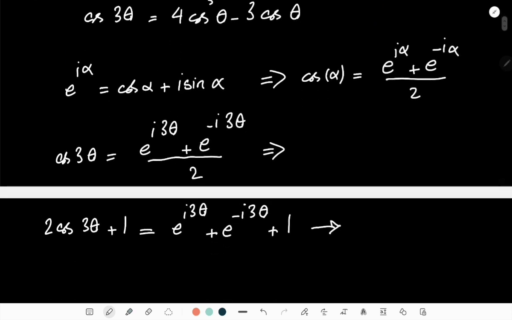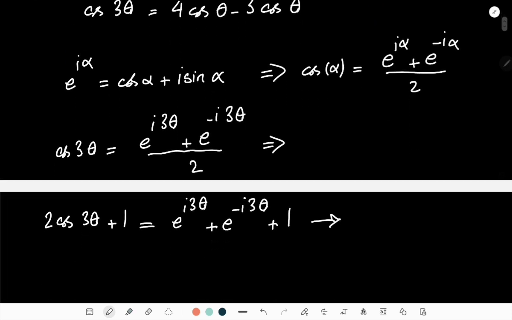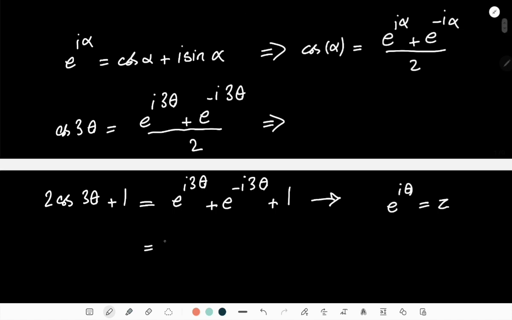So in the next step, what I will do is define a new variable, a complex variable. I take e to the power of i theta to be a complex number, and I call it z. Therefore, the expression on the right will be written as z to the power of 3 plus z to the power of minus 3 plus 1.